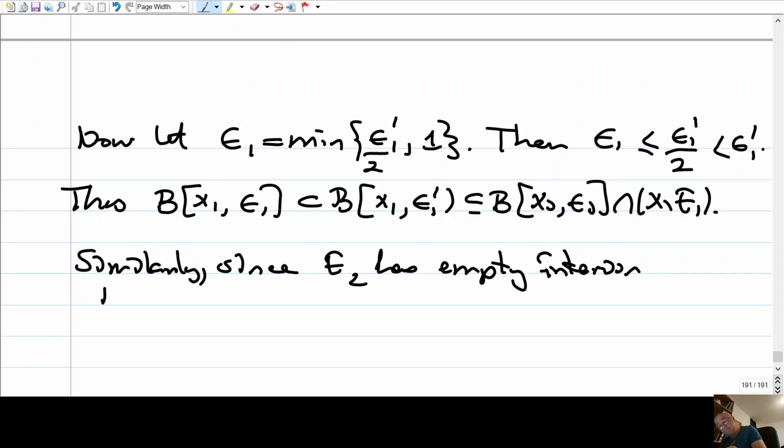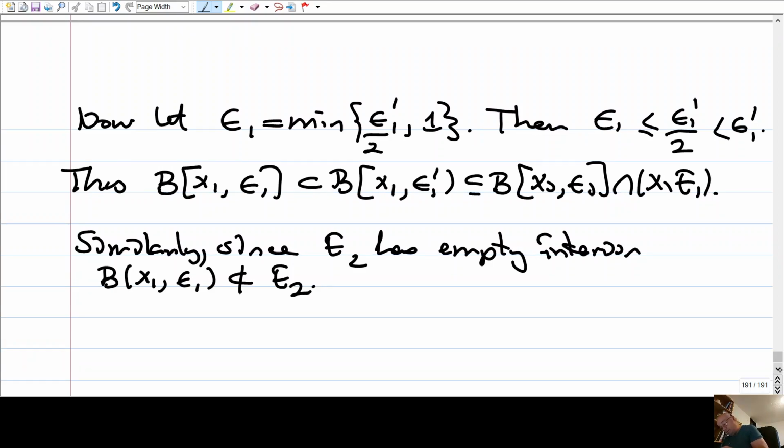This ball cannot lie inside E2, because if it were, then x1 would be an interior point of E2.